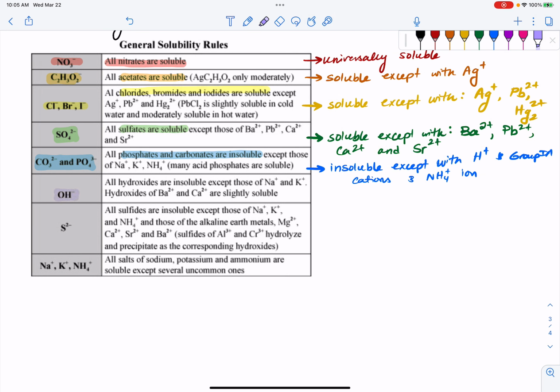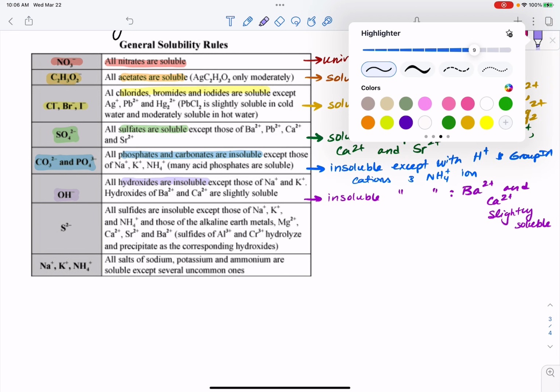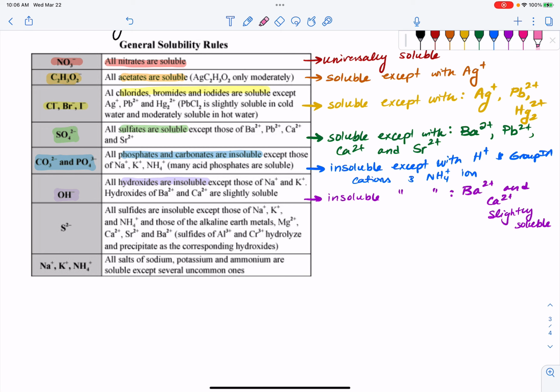Then we have the hydroxides. Hydroxides are insoluble, again, with the exception of our universally soluble cations. So same as above with carbonates, phosphates, and hydroxides. The only thing to note is that barium hydroxide and calcium hydroxide are slightly soluble, meaning they teeter on that edge of having a stable lattice structure, but also a stable hydration energy.